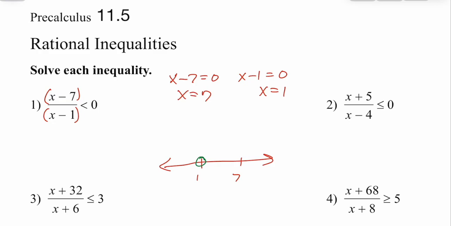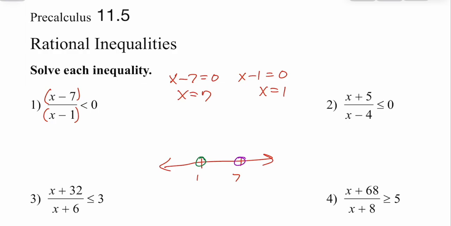Any zeros occurring in the numerator will be open or closed based upon the symbol that's given. Okay, so all denominators are always open, but numerators are dependent upon the symbol in the problem. This is a less than symbol. It doesn't have that equal to bar in it, so it is also open. Don't expect that they will always be like that. Sometimes you'll have an open and a closed, and so on.